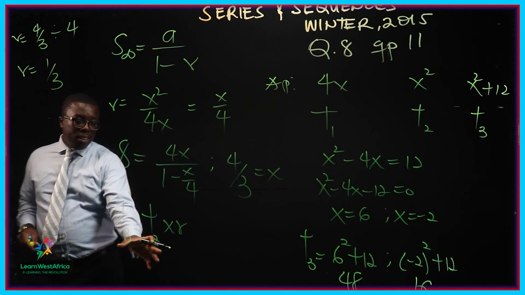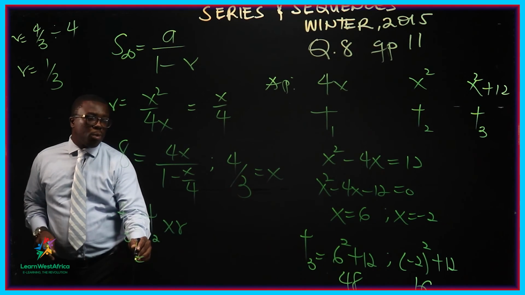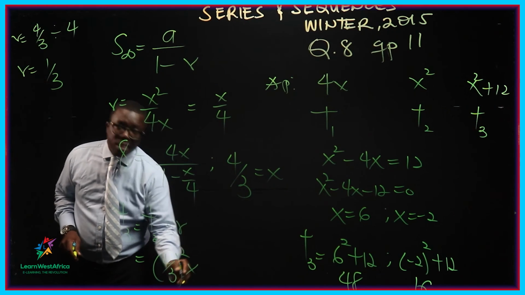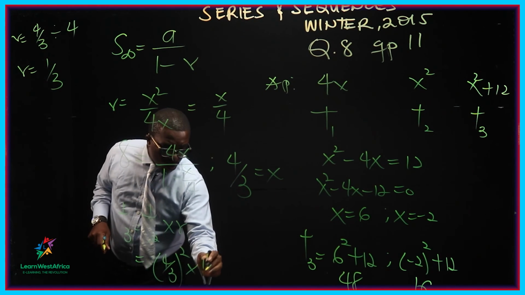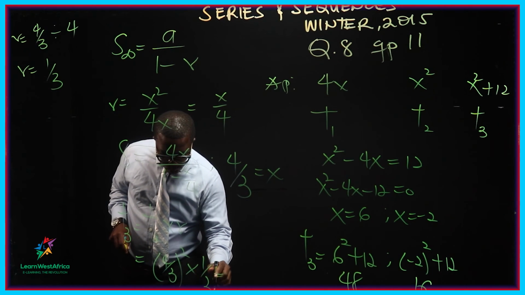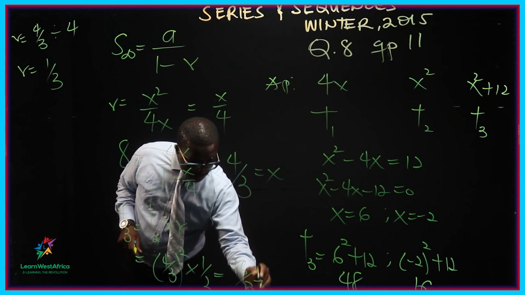Then your T3 is going to be x squared, which is 4 over 3 all squared, times your common ratio, which is 1 over 3. When you resolve that, you should get 16 over 27.